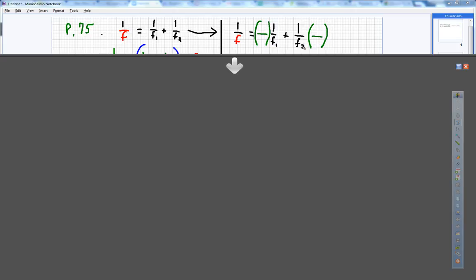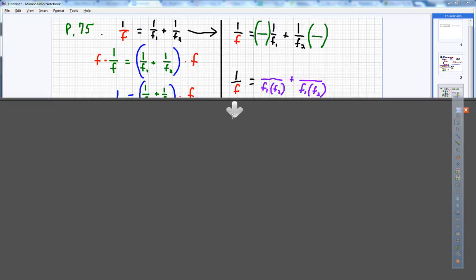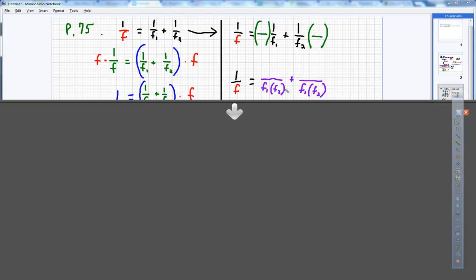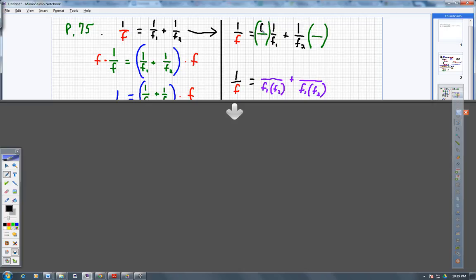So f sub 1 times f sub 2 is going to be our desired common denominator. To get that, I would need to multiply this fraction by f sub 2 over f sub 2, and I would need to multiply the fraction on the right by f sub 1 over f sub 1.